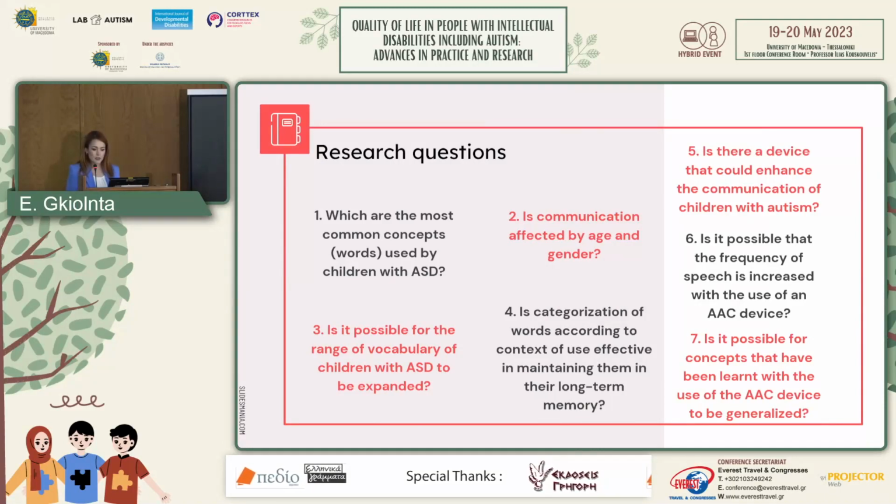Number 6, is it possible that the frequency of speech is increased with the use of an AAC device? And number 7, is it possible for concepts that have been learned with the use of the AAC device to be generalized?